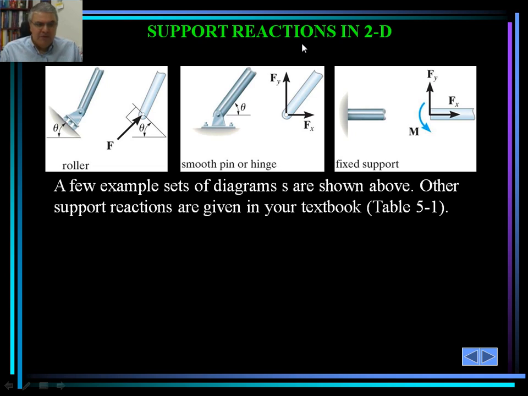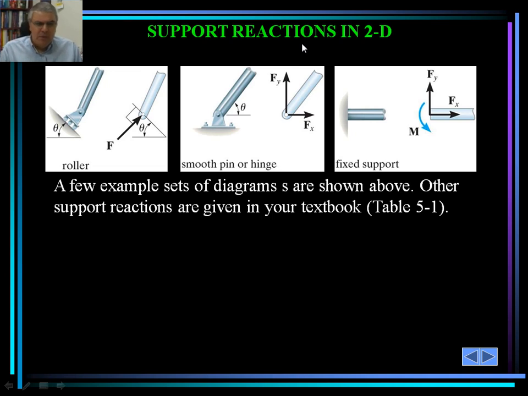Ideally, there is no roller or fixed support, because roller supports exhibit some kind of non-rolling reactions. Fixed supports also exhibit some kind of reaction that is not going to be 100% fixed.